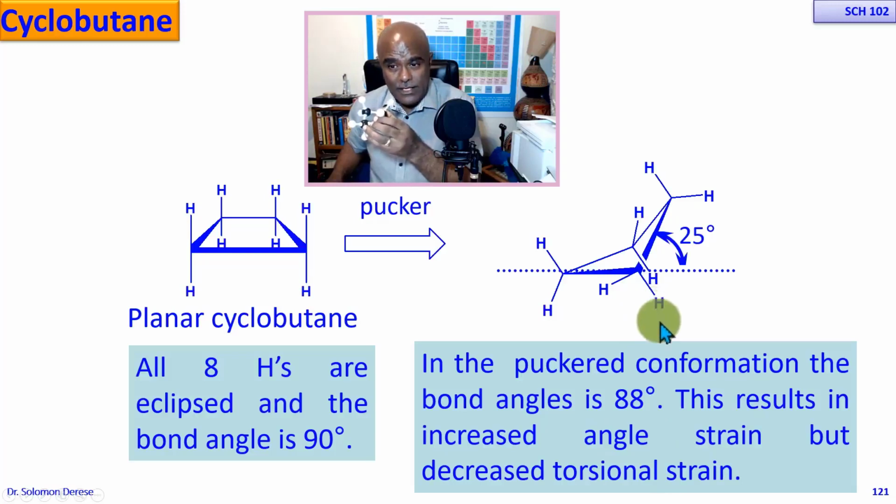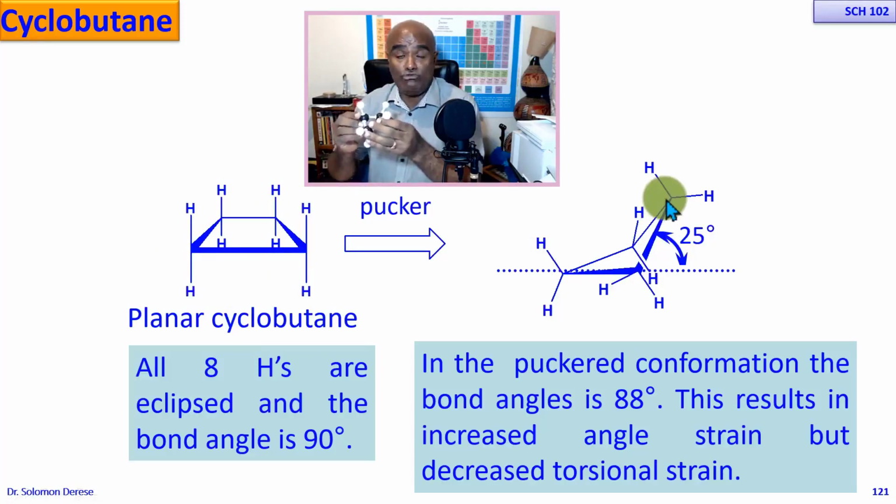As a result of the relief of torsional strain, the ring has very much compensated the instability that came from the reduction of its bond angle from 90 to 88 degrees, going away from the ideal 109.5 degrees. So planar cyclobutane does not exist. Cyclobutane does not exist as a planar molecule. It is a bent molecule like this with a three-dimensional structure.